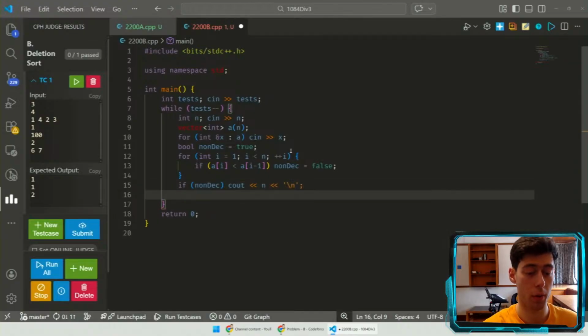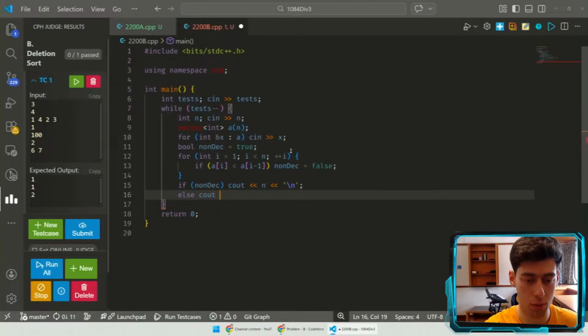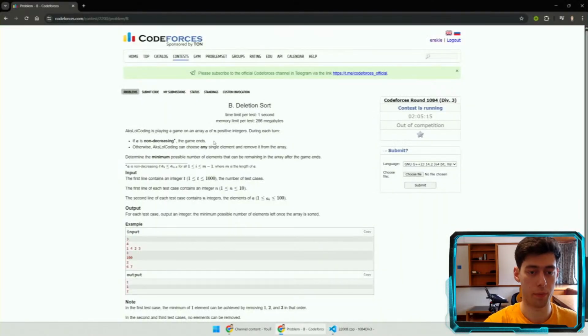So then it's the whole array. Otherwise, we can only take a pair that's a drop, and just remove everything else, and come down to those two values, and then remove one of those two as well. So in that case, it'll be 1.